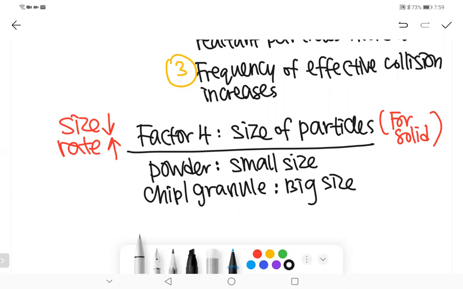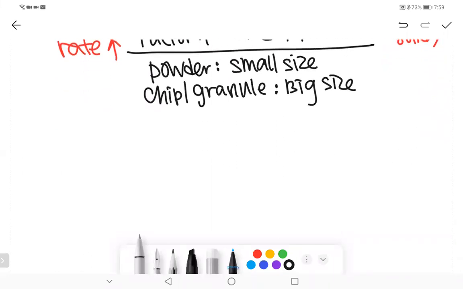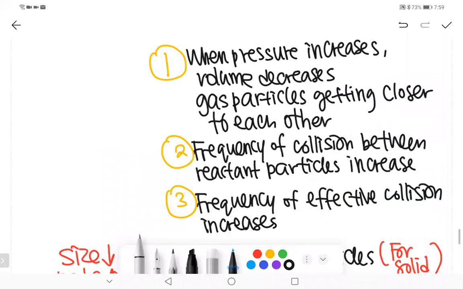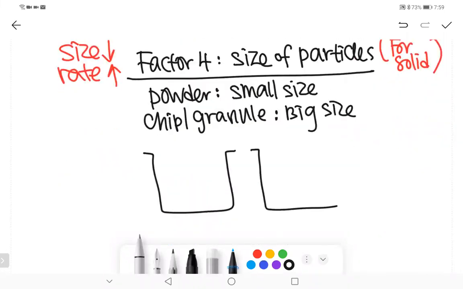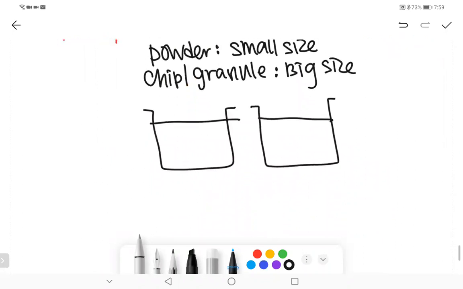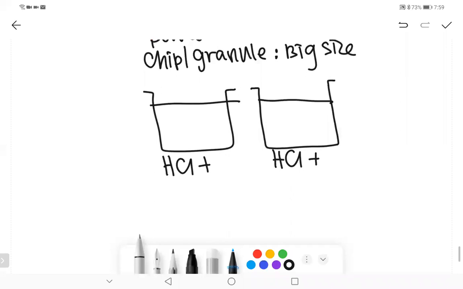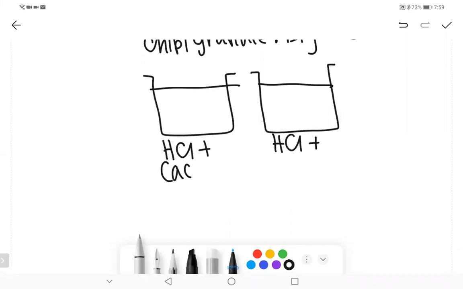So how are we going to explain? Let's look here. Let me give you a picture. When we have a smaller size, how does it impact? Let's say for both we put hydrochloric acid, and then we add calcium carbonate.